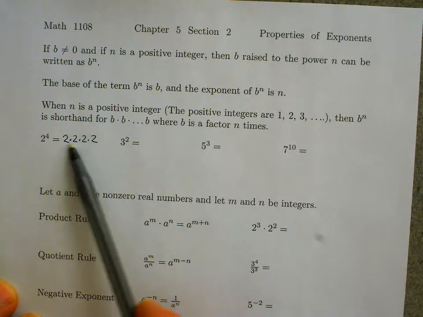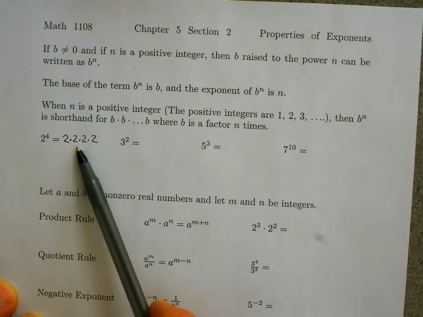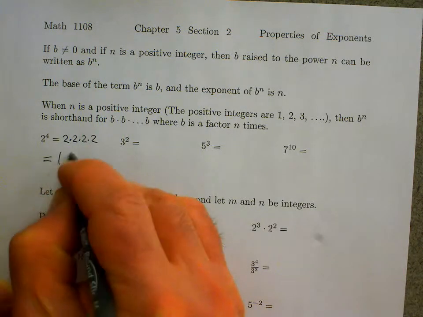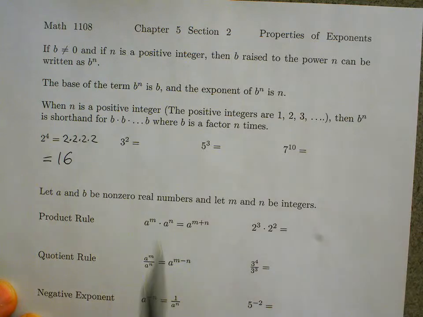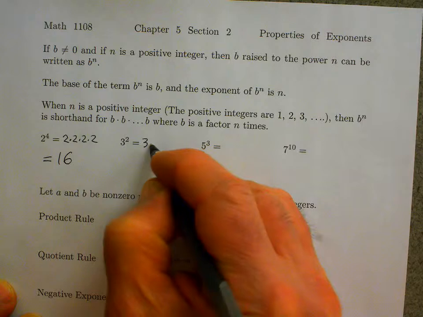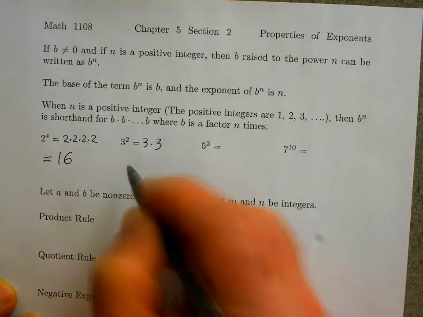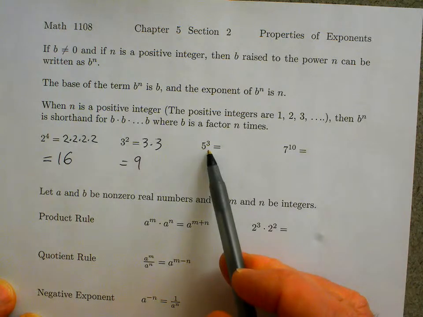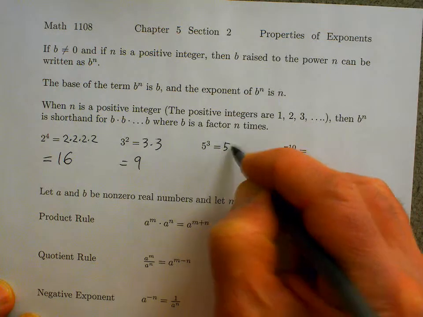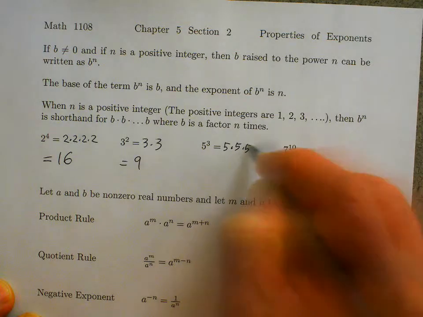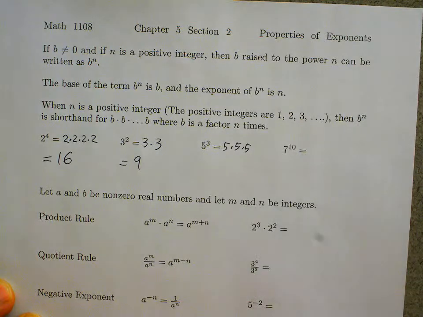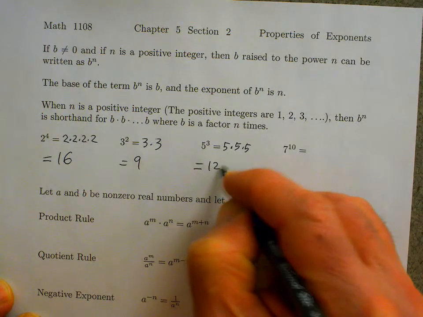And then we simplify when it's easy enough to do. 2 times 2 times 2 times 2 is just 16. 3 raised to the power 2, this one isn't so bad. This just means 3 times 3. And 3 times 3 is 9. 5 to the 3rd, that means 5 times 5 times 5. 5 times 5 is 25, and then 25 times 5 is 125.